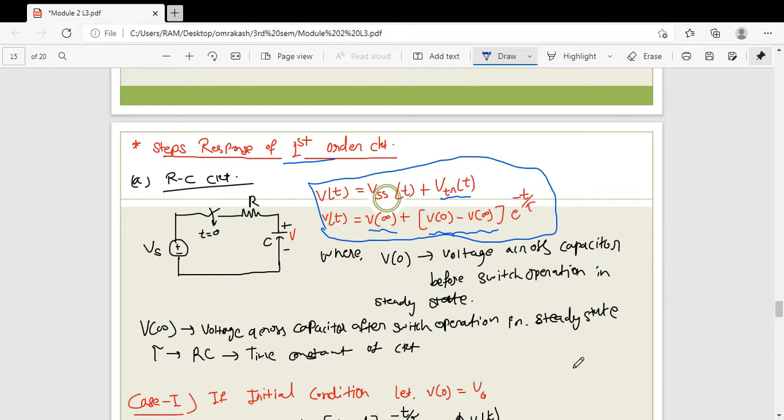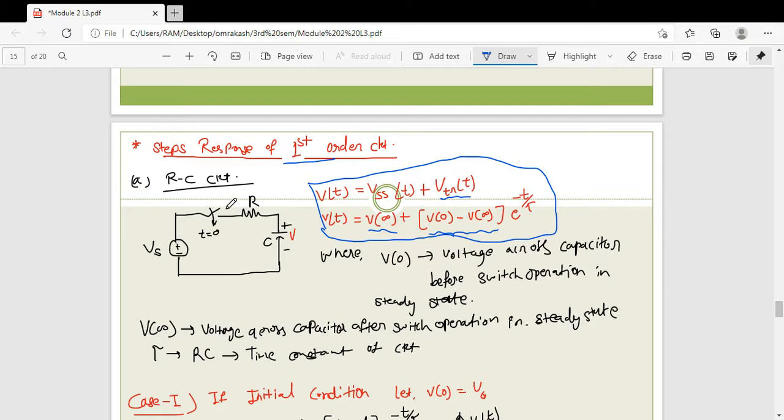Now, what is the time constant for this circuit? It is the same, R equivalent into C equivalent. While calculating the time constant, please note that we generally calculate it after the switching operation. So here the switch is closed, so this voltage source is connected to the circuit.